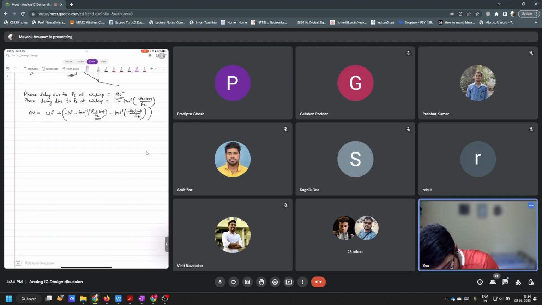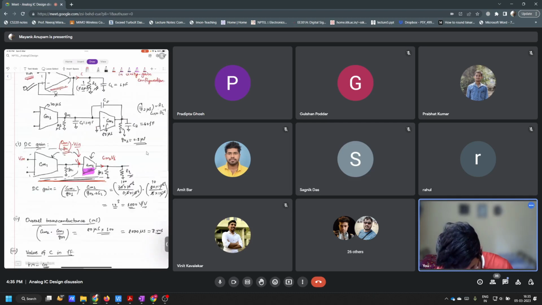So we have phase margin equal to 60 degrees, and this is 180 minus 90, so it simply is 90 minus tan inverse of omega u loop by P2 minus tan inverse of omega u loop by omega z.